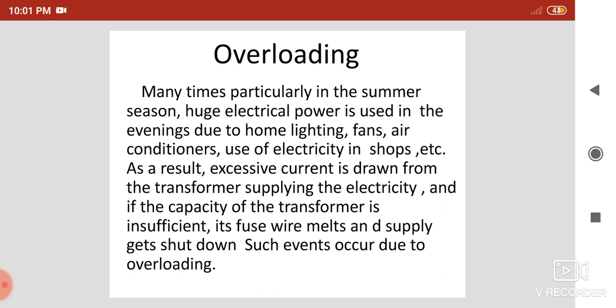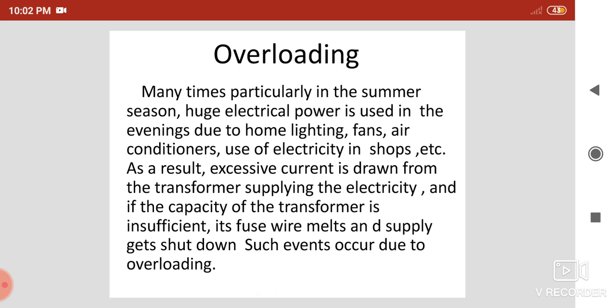Sometimes at home we use different appliances at the same time, and these appliances have a high rating. High rating means they need more current and more potential difference, such as the mixer, the heater, even a TV, the AC, even the refrigerator. All of these are high rating appliances that receive more current.